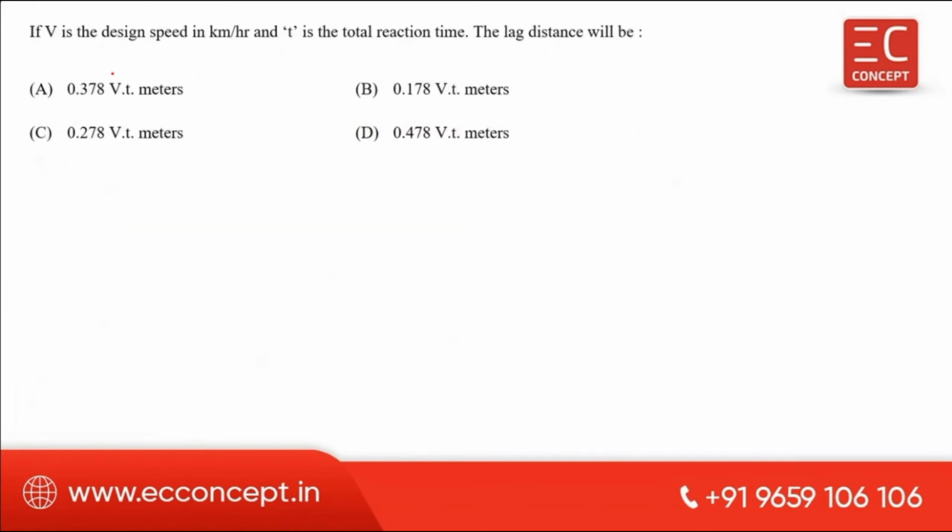Next one is, if V is the design speed in kilometer per hour and T is the total reaction time, then the lag time is a very simple question. The lag distance is 0.278 Vt meter. We know that SSD is equal to lag distance plus braking distance.